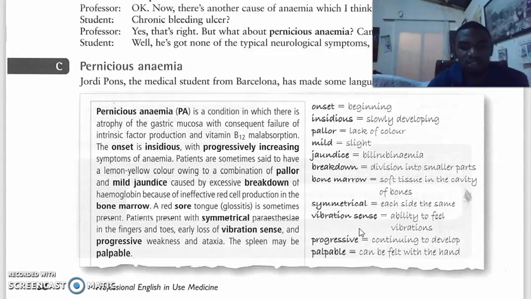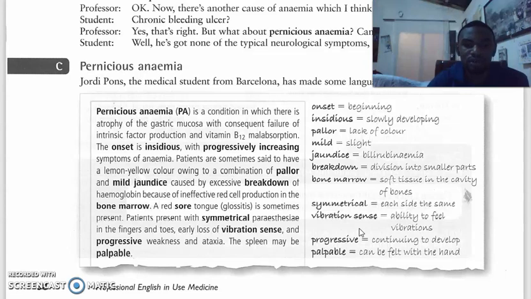The onset is insidious with progressively increased symptoms of anemia. Patients are sometimes said to have a lemon yellow color owing to a combination of pallor and mild jaundice caused by excessive breakdown of hemoglobin because of ineffective red cell production in the bone marrow.